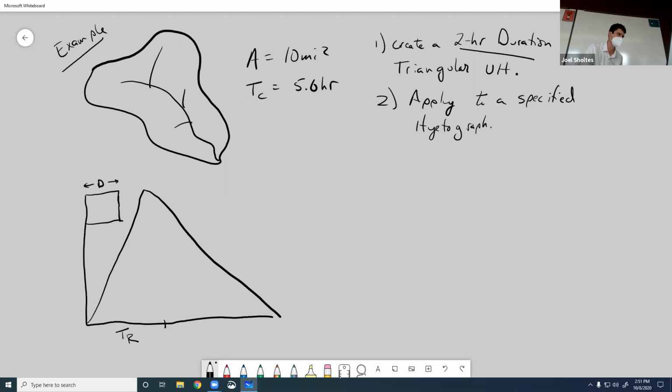We need to calculate our time of rise, which is related to this lag time. And then we also need to calculate our peak discharge. In this case, it's going to be CFS per inch.